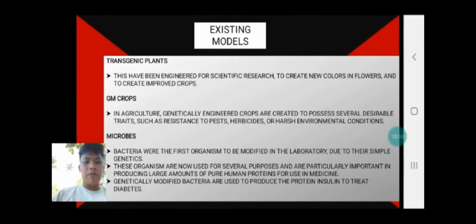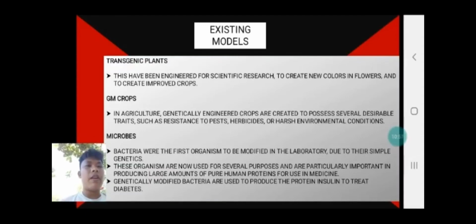Next is the microbes. So microbes, if you remember what I said earlier, were the first genetically modified. Okay, so microbes, bacteria were the first organisms to be modified in the laboratory due to their simple genetics. Yes, as I said earlier, because they are simple, they were the first ones.